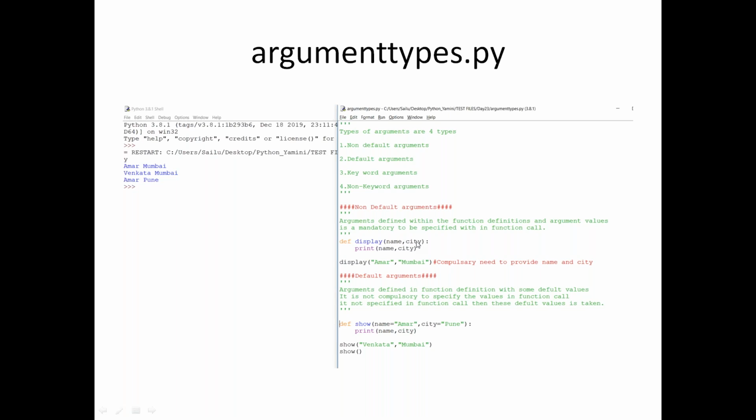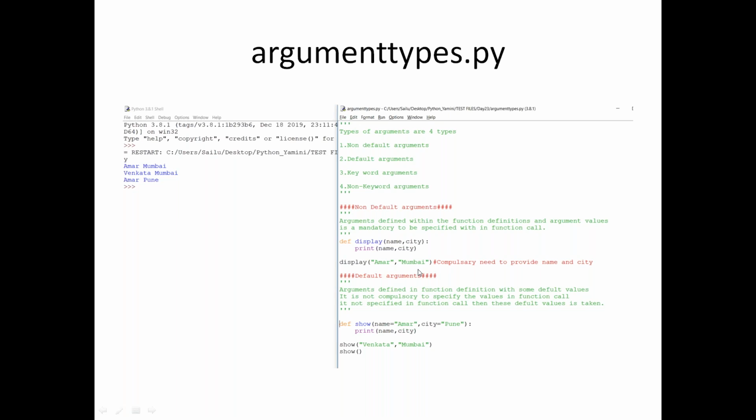So there are two variables, x comma y. Name is one variable, city is another variable which I'm passing to the display function, and display will take this information and display the name is so and so, and city is so and so. When you say display in brackets with two arguments, the first argument will go to name, the second to city.